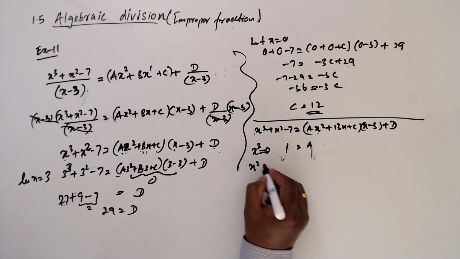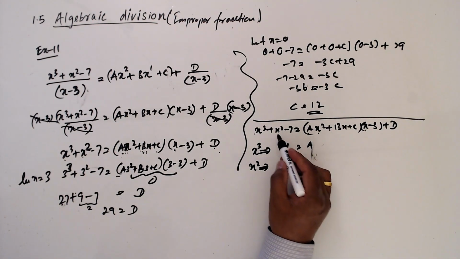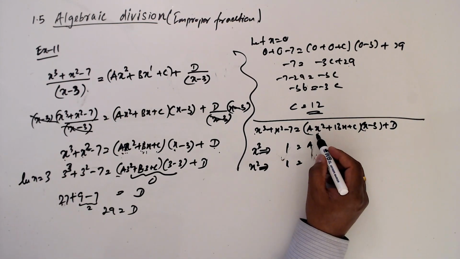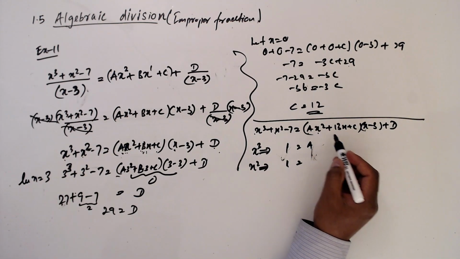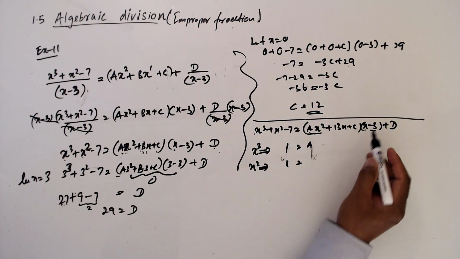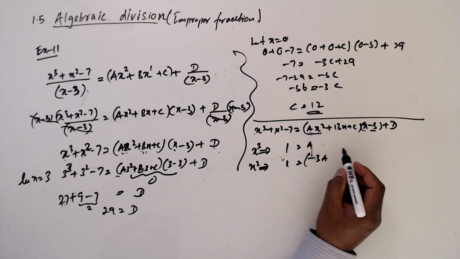Then the coefficient of x square. This is 1. And how can you make x square again? Ax square, when you multiply by minus 3, gives minus 3ax square.